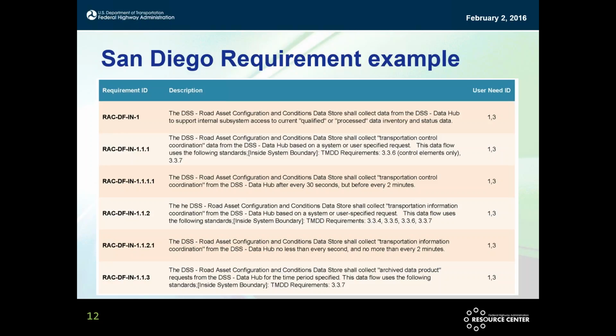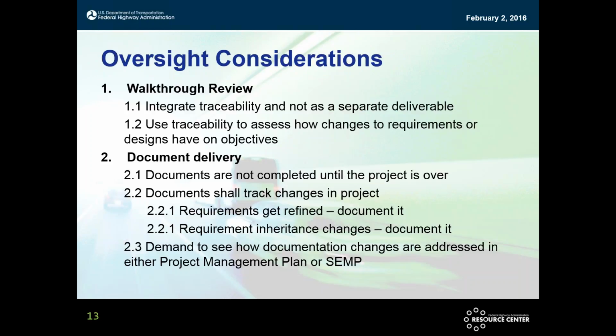Project management plan, your system engineering management plan. So our role is we need to integrate traceability into every step, not wait until the end of the project for a wholesome document to be delivered to us. We have to start dealing with traceability from the start.